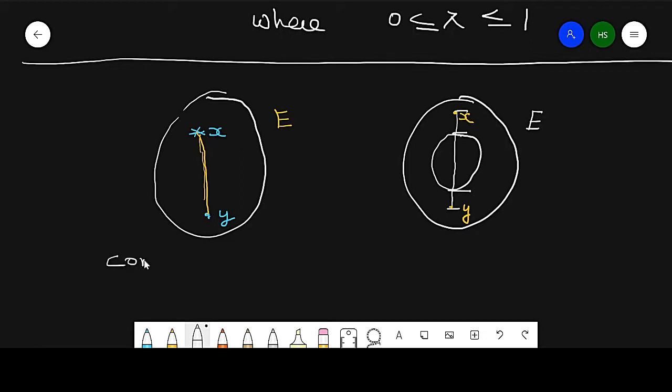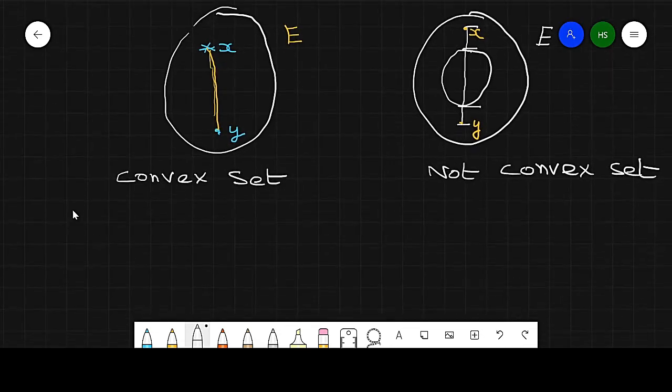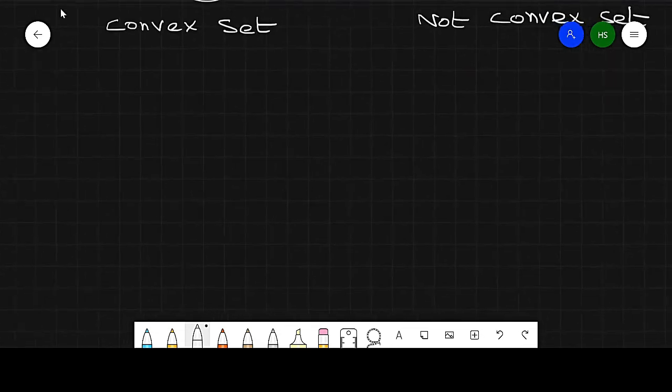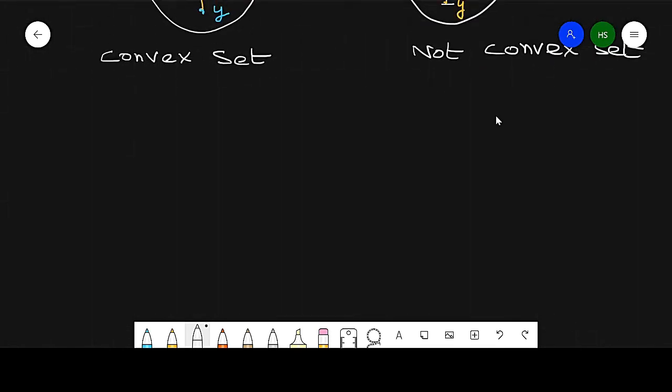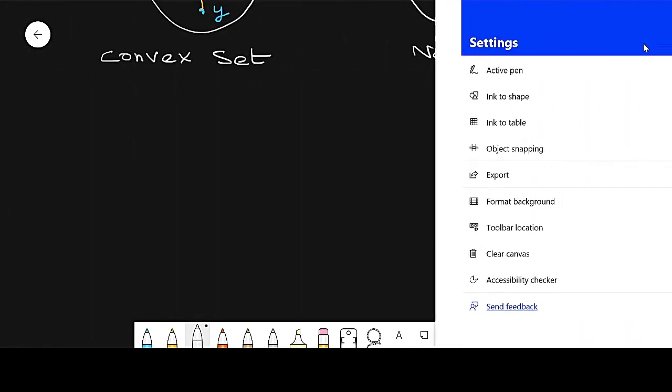So this is an example of convex set, and this is an example of not convex set. So understand the definition with the help of geometrical interpretations. If we understand with the help of geometrical interpretation, then we can understand better.